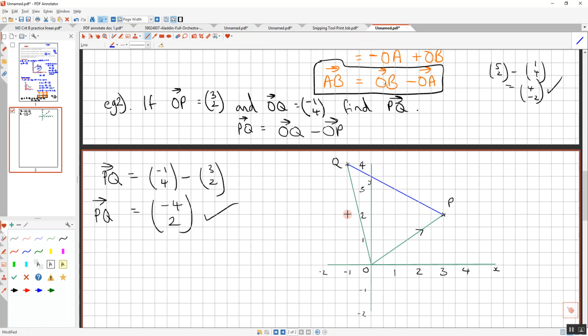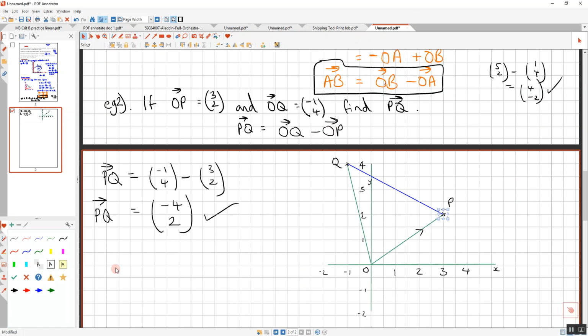So negative 4, and then I'm moving up 2 places. Or if I'm starting at P, I'm having to go to O and then up to Q. Starting at P, then going to O, then going to Q, which is why I am subtracting this OP, because I'm going in a negative direction. Alright? Yes? No?